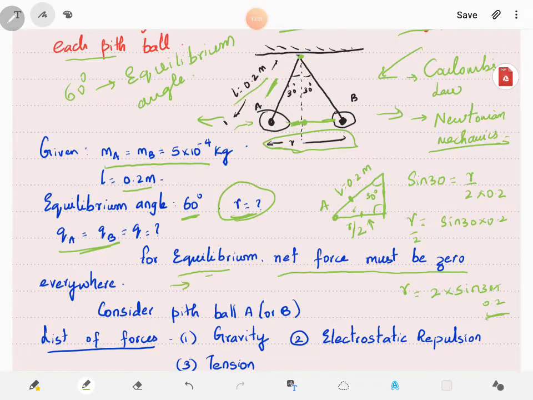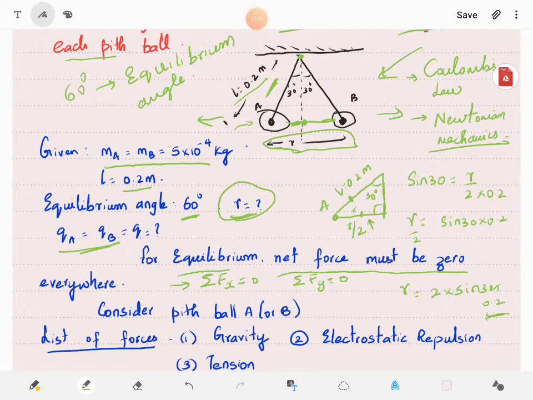That means sigma Fx, the acceleration along the x-axis, should be equal to 0, and similarly the acceleration along y should also be equal to 0. This is what it implies. The components of forces acting on the pith ball should add up to 0 along all the axes. Because this is a two-dimensional problem, we'll only be dealing with the x-axis and y-axis.